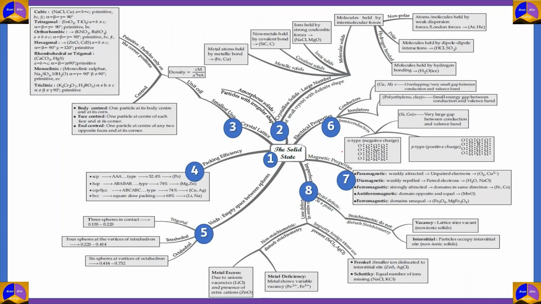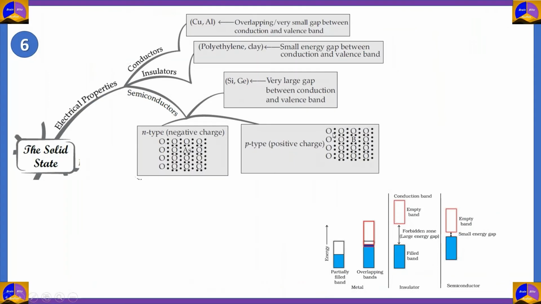Next, we look at some of the properties of these solids, basically the electrical and magnetic properties. These electrical properties are based on the gap between the conduction and valence bands. Solids organize their electrons in a conduction band and a valence band.